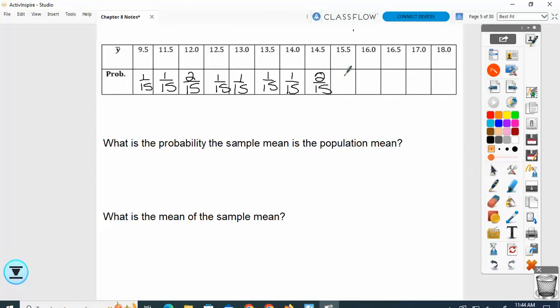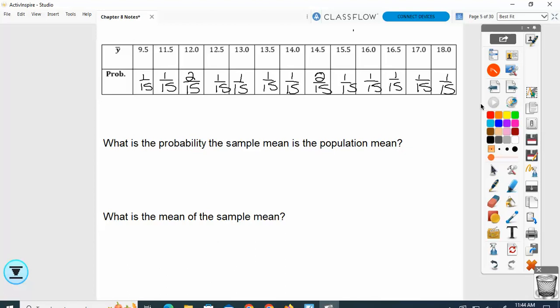And the rest of them, I think, were just ones. So the actual distribution lists every possible outcome, which is the mean, and the number of times we got it for our probability. So far, so good?